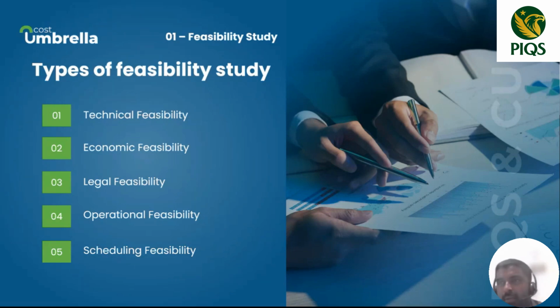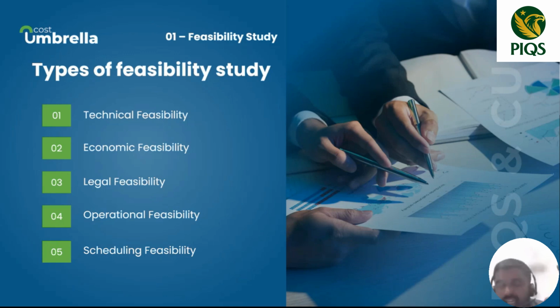There may be a technical problem, technical in the sense of construction technology and construction methodology. Then economic feasibility. Economics is the big problem. What do you mean by economics in simple terms? You have limited resources, whether money, time, or technology, but you have big desires, wants and needs. So you have to match these. We call this concept scarcity. So economically, you have to check.